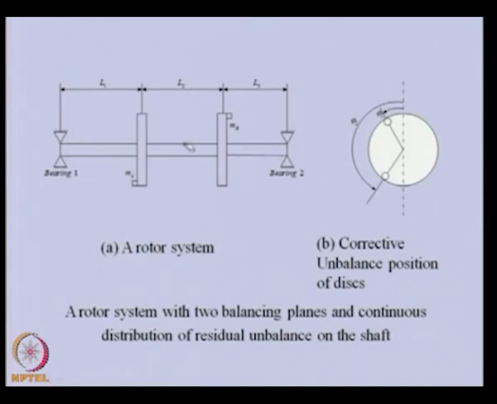And in this case, because we are doing a kind of numerical simulation of the influence coefficient method, we will be obtaining the response of this particular rotor system using a numerical study. So, instead of an experimental setup, we want to illustrate the method using a numerical model.